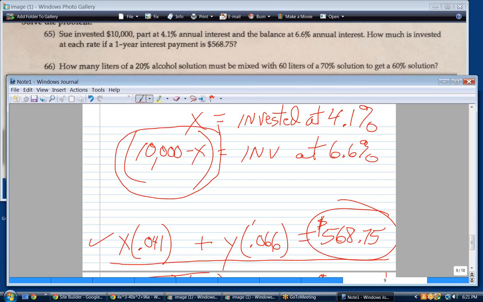But notice that if I used y and the first equation was y plus x equals 10,000, that means y equals 10,000 minus x. So really, when I use one variable only, I'm actually using two. I'm just making that step invisible. Okay, good.